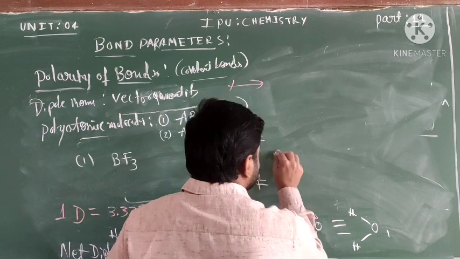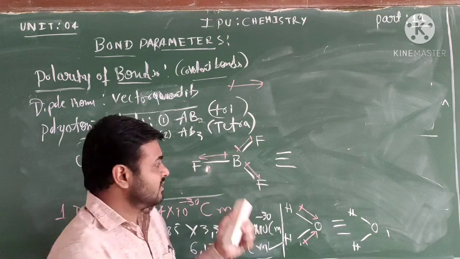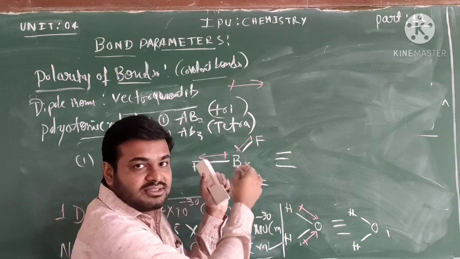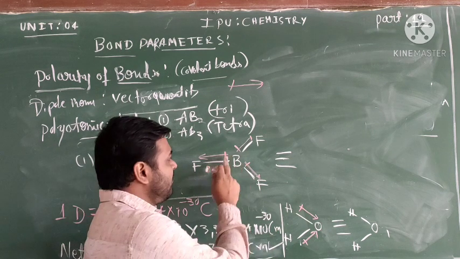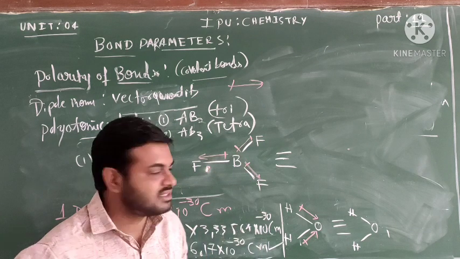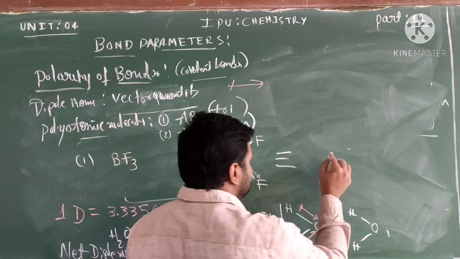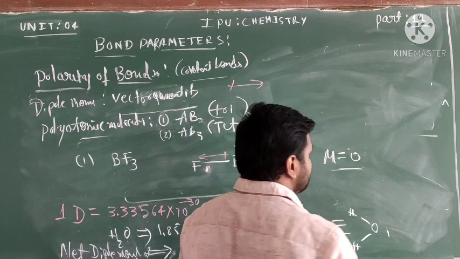Okay. In this case, see the structure: the vector quantities, the sum of all these values, cancel each other because there is no lone pair of electrons. That makes the dipole moment 0.